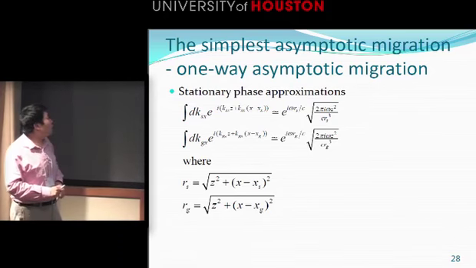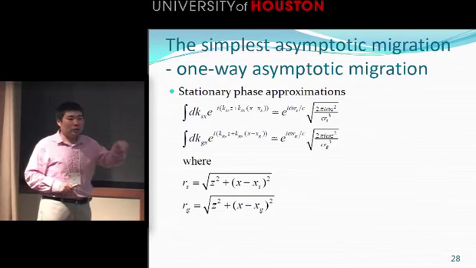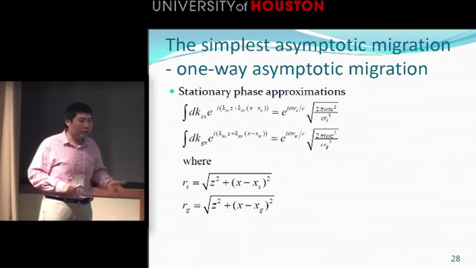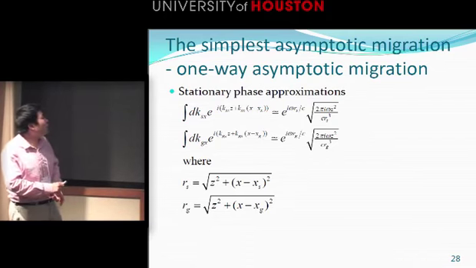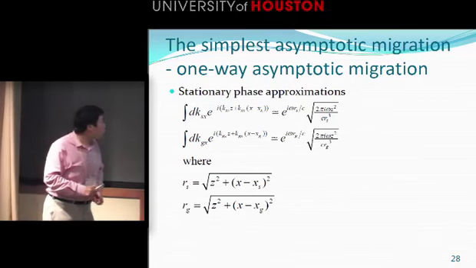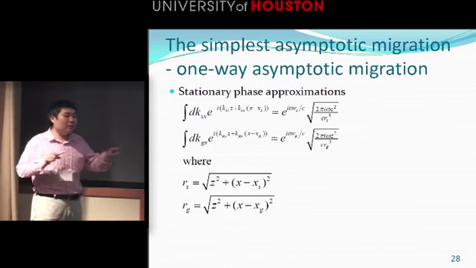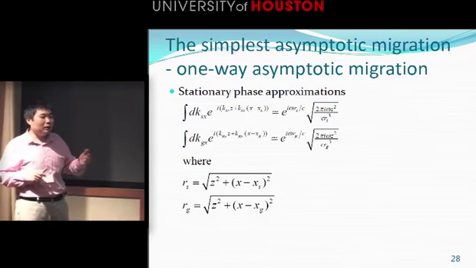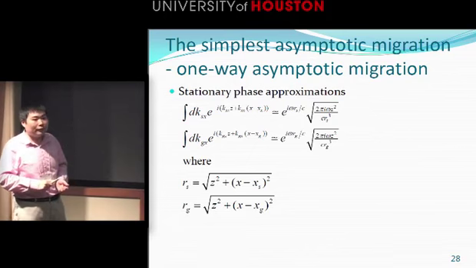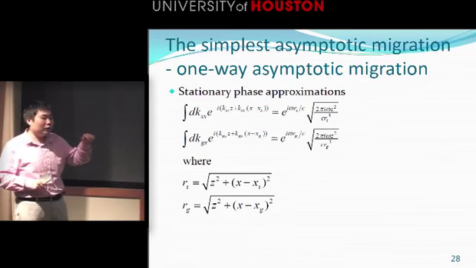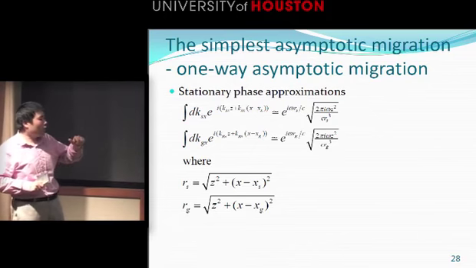So only the slow variation part, slow oscillating part, is important or significant for us to evaluate this integral. So instead of doing the whole integral, we can evaluate this whole integral by evaluating some function, some formula, at the stationary phase point, the slow change part.